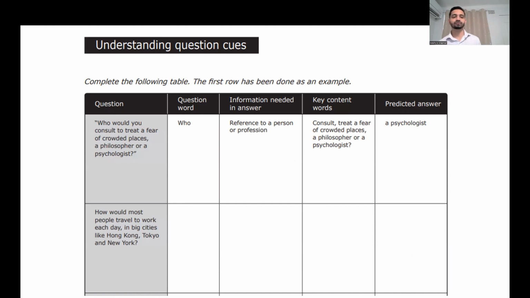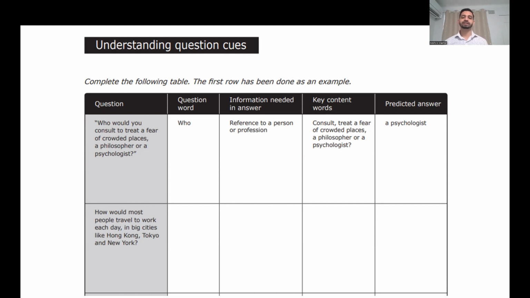So for example, here we've got the question, the question word, the information needed in the answer, the key content words, and we can predict the answer. Here it's pretty straightforward, as we have just discussed. Who would you consult to treat a fear of crowded places, a philosopher or a psychologist? You've got the question word, who.